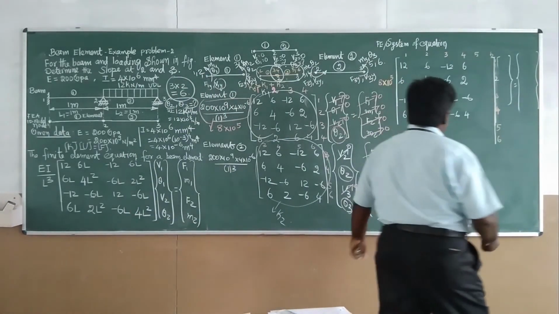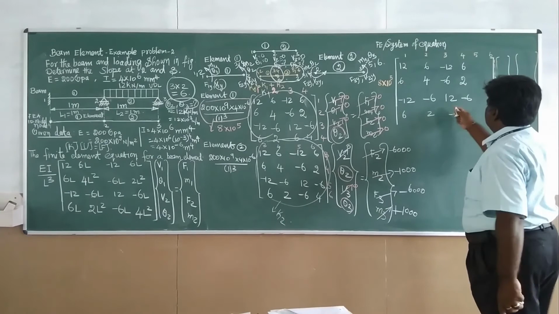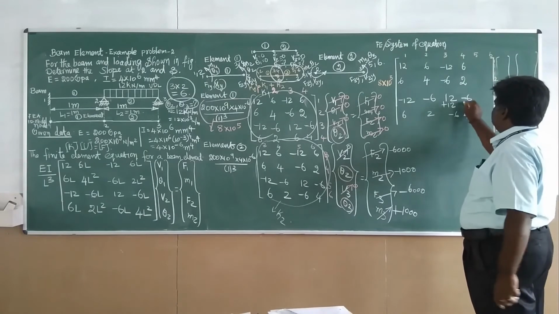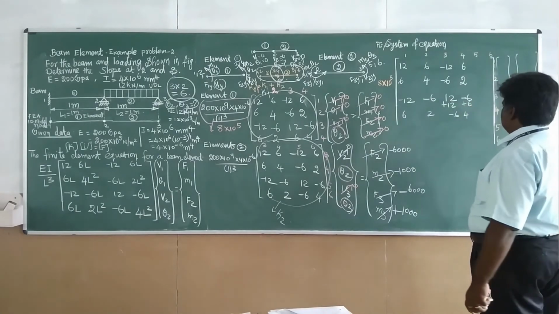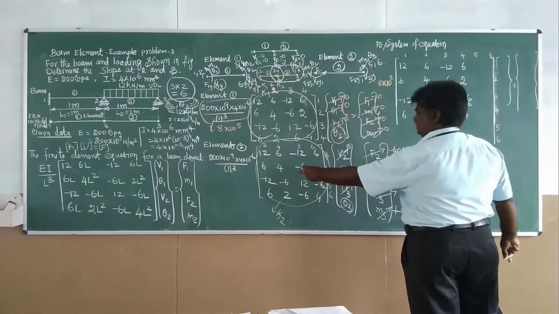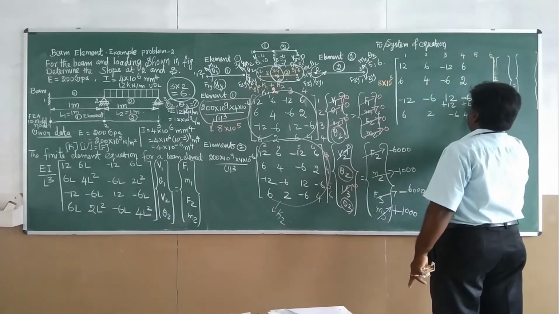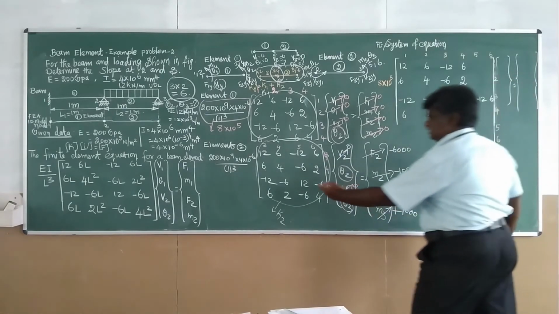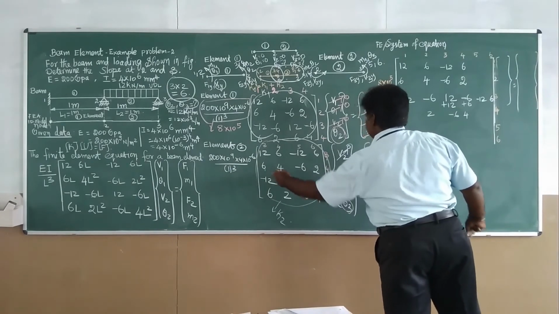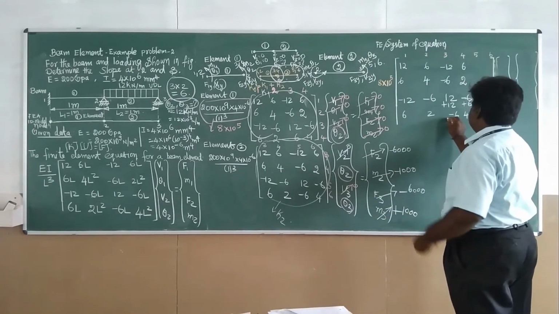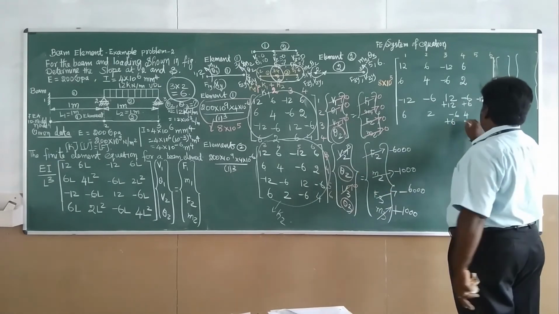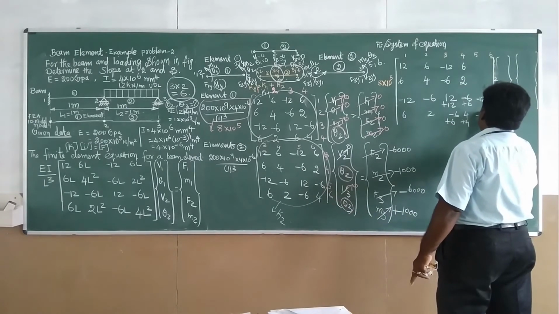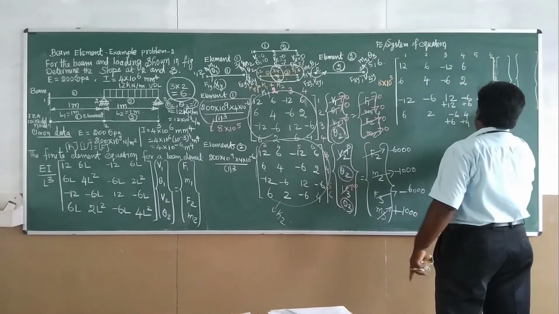So considering 3, plus 12 will come here, then plus 6, then minus 12 and 6. Then consider the 4: plus 6, then plus 4, then minus 6, then 2.